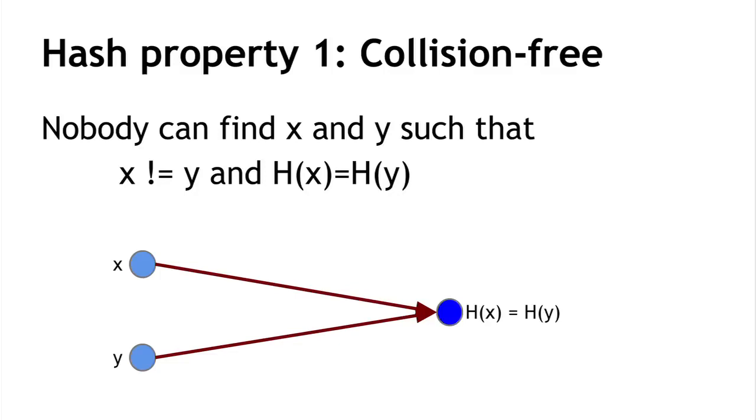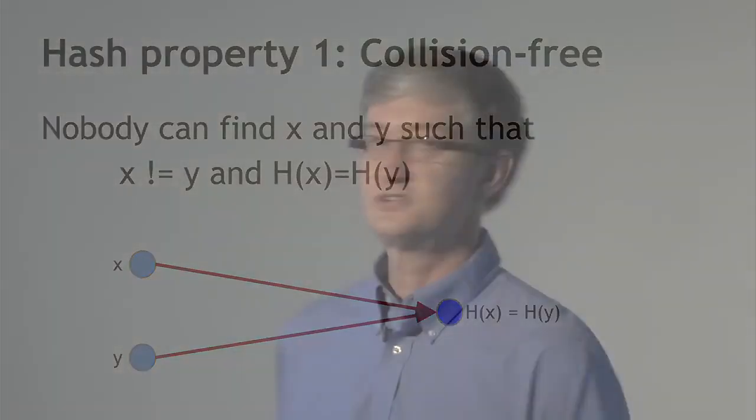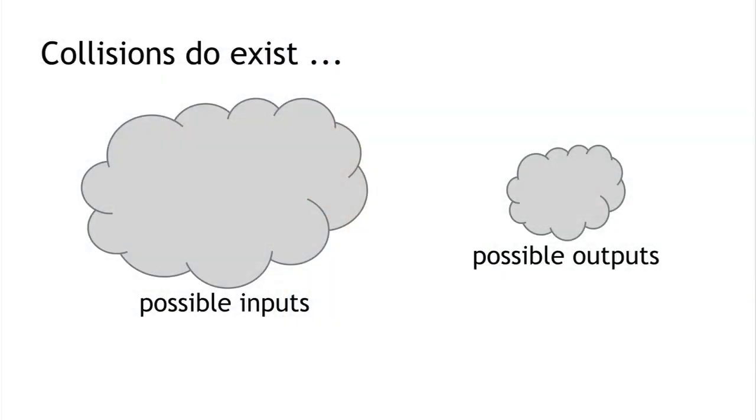I didn't say that there is no collision. Because if you think about it, there has to be a collision. Collisions do exist, and to understand why that is, we can use this diagram. Over here on the left, I'm depicting all of the possible inputs to this function, which can be a string of any size. And over here, I have all of the possible outputs, which has to be a string of 256 bits in size.